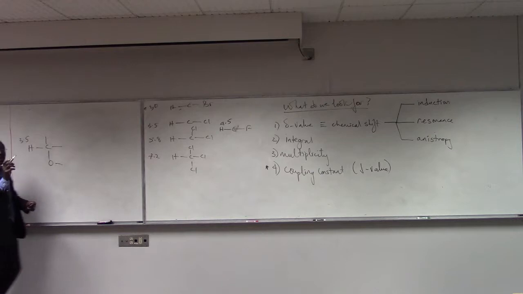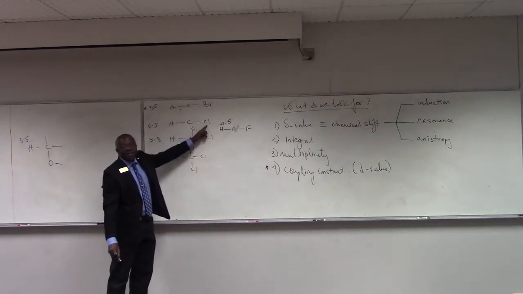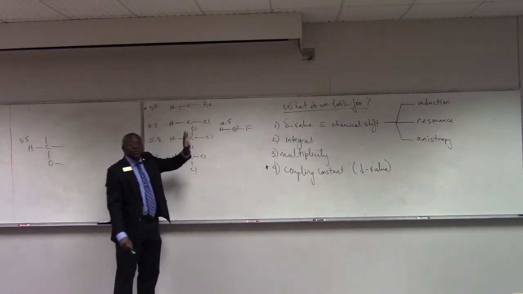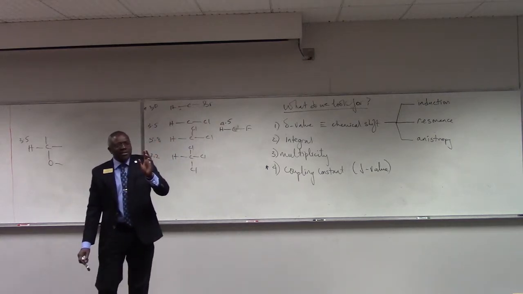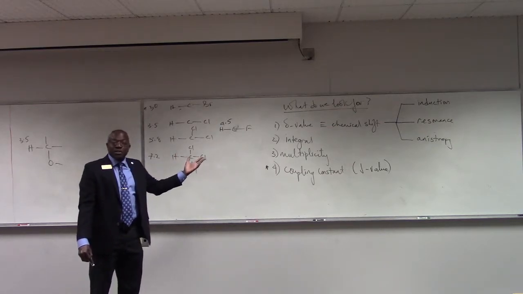And that's intriguing because that's the same number that H attached to C attached to Cl shows up at. And that's not surprising because Cl and O have almost the same electronegativity.